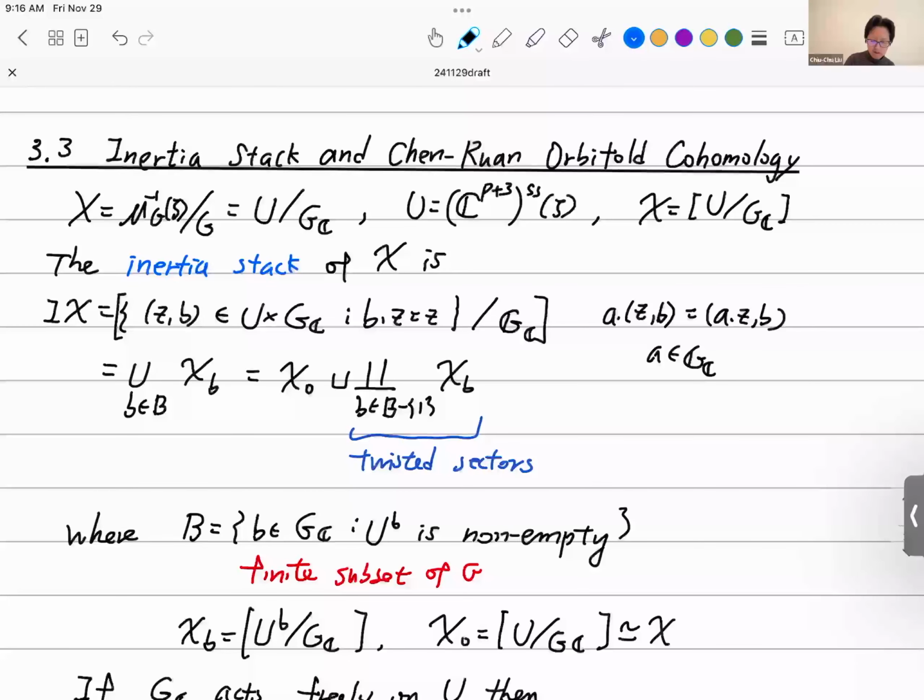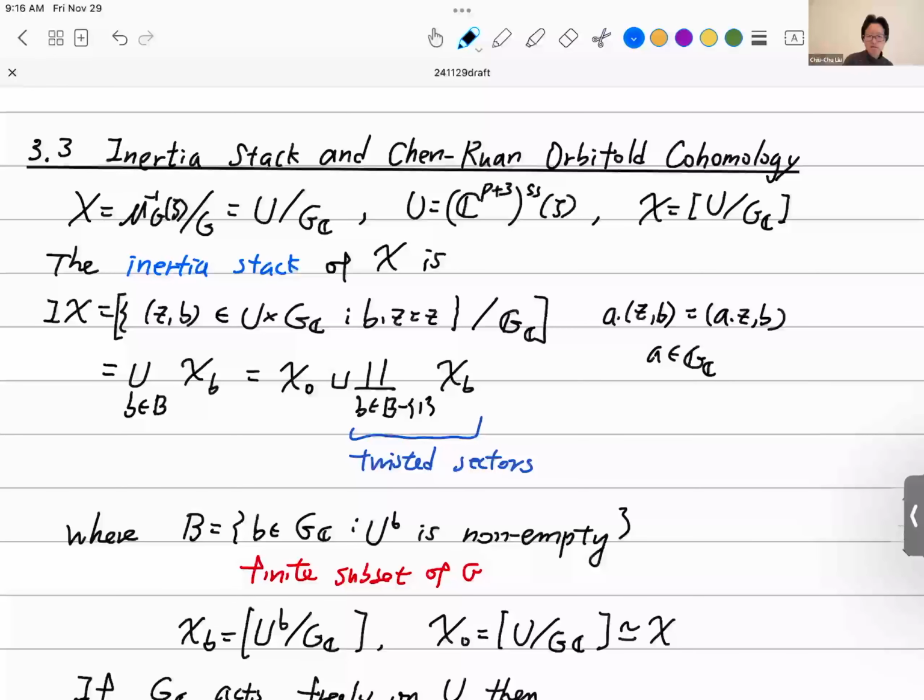So you take the pair (z, b) in U cross G_C such that z is fixed by the element b, or equivalently b is a stabilizer of z, and then quotient by the action of G_C. In the abelian case, the action acts on the first factor as usual, and on the second factor trivially.